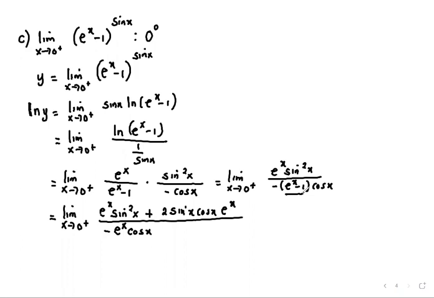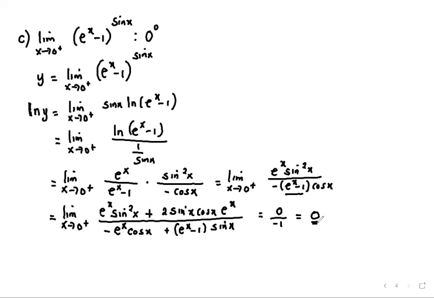Differentiating cos produces a negative, so we have plus e to the x minus 1 sin x. At this point now you can substitute where there is x, you take 0. So we're going to have 0 up there over negative 1, which is going to give us a 0.